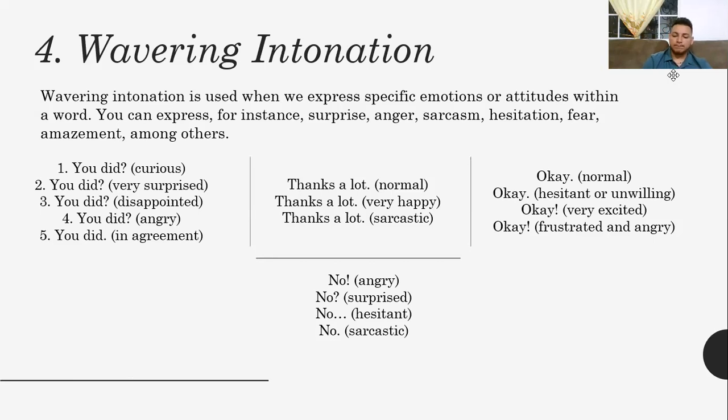So to make a summary of all, we have four kinds of intonation patterns. The first one is the falling, and the falling is lower. The power at the end of the sentence is low, there is not too much power on it, and it decreases.